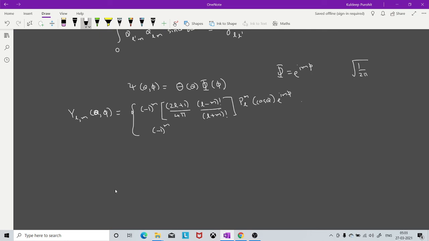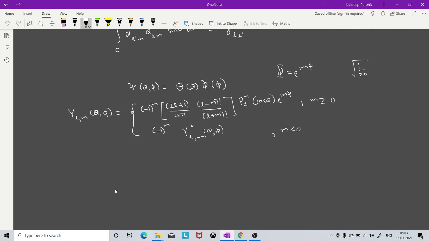So this is valid for m greater than 0, and for Y l and minus m, you have to just take the complex conjugate, for m less than 0.